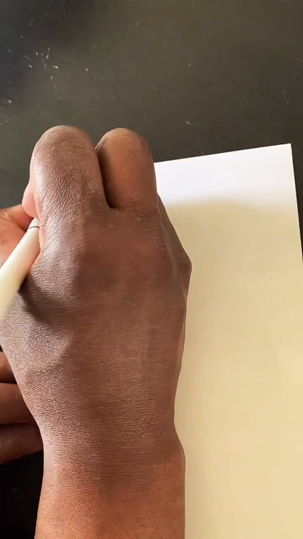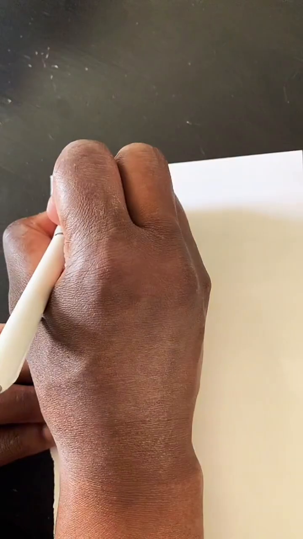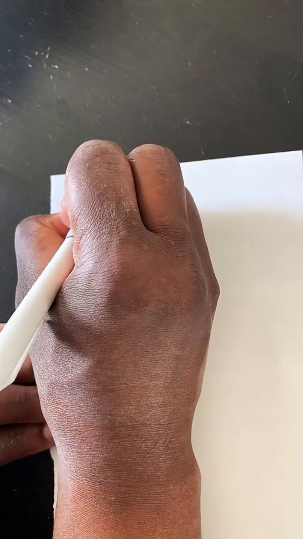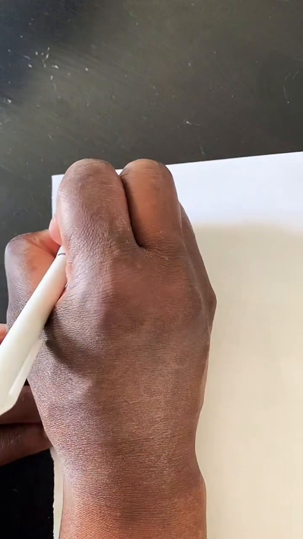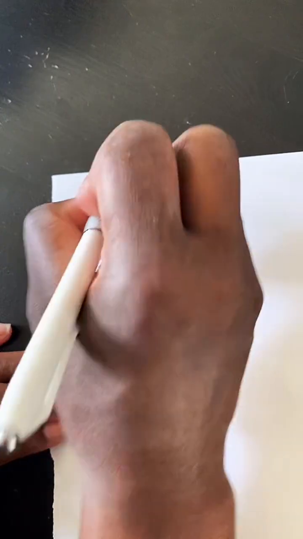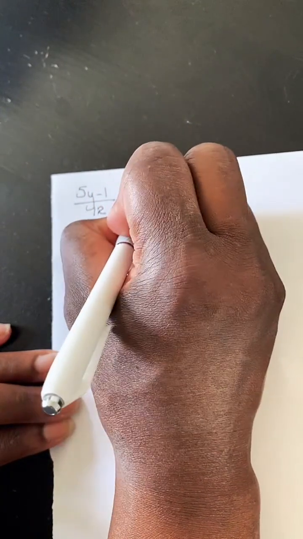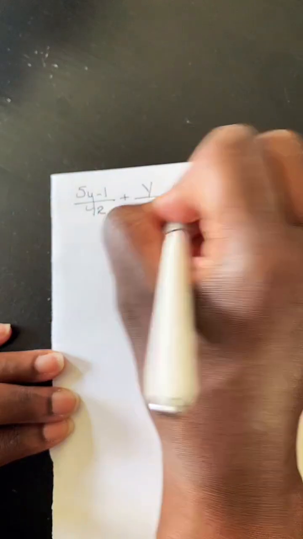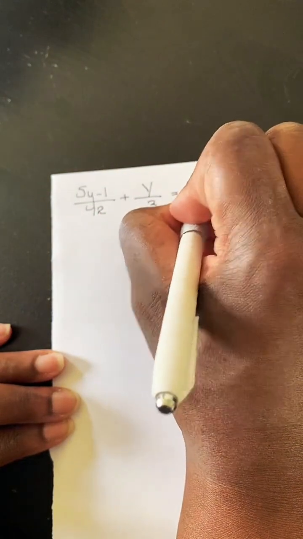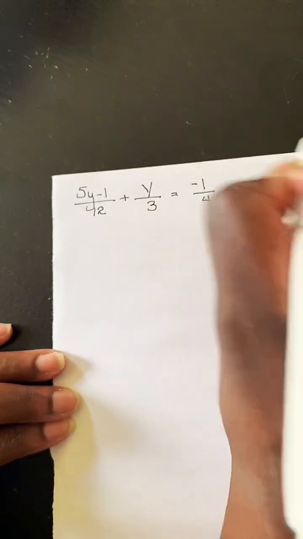Do not fret. Okay, so I have 5y minus 1 over 12 plus y over 3 equals negative 1/4.